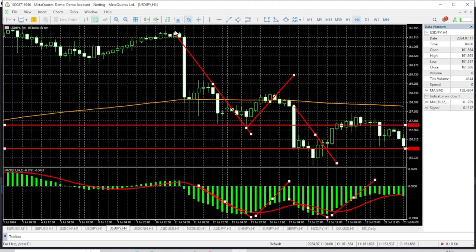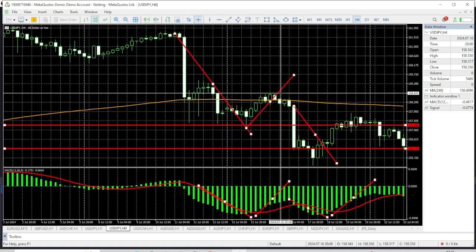In our subsequent videos, we are going to be introducing you to detailed regions where you can set your stop loss. But for now, it is safe if you just set it above the EMA 240.